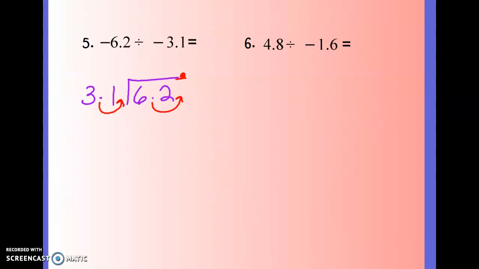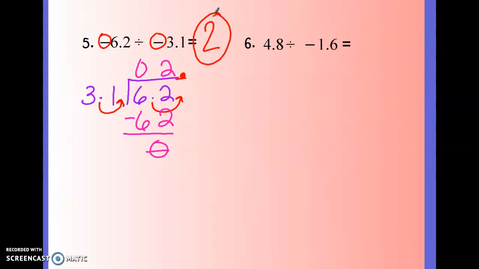Then we're going to divide. 31 can go into 62 2 times. If you need to, add that 0 above the 6. So 31 times 2 is 62. So I have nothing left. So this one is 2 wholes. Now I have to go back to my problem. I have 2 negatives, so this answer will also be positive. When I have 2 negatives, my answer is going to be positive.